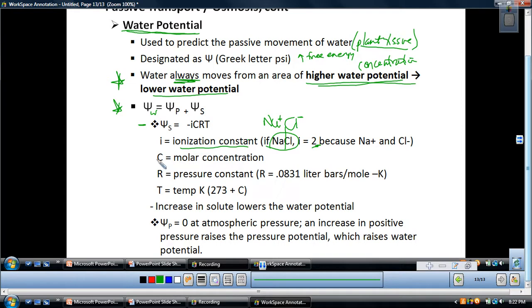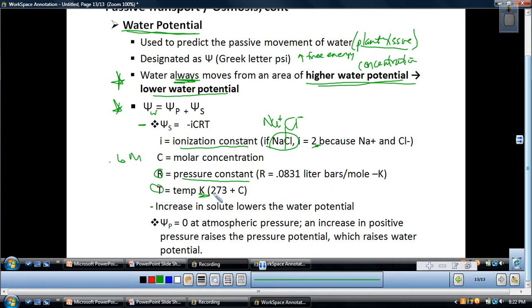Okay, C is the molar concentration. So if we were using like a 0.6 molar sucrose solution, then the C would be 0.6 in this case. Okay, the R is known as a pressure constant. This is a constant that's given to you. And so R is equal to 0.0831 liter bars per mole Kelvin. And then the T is temperature, which is in Kelvin.